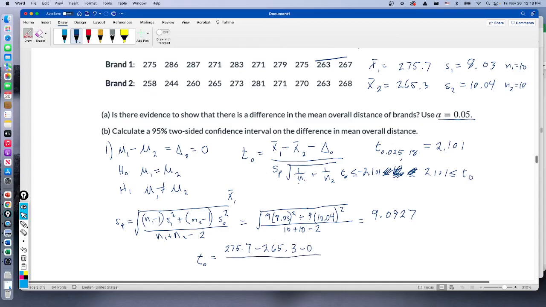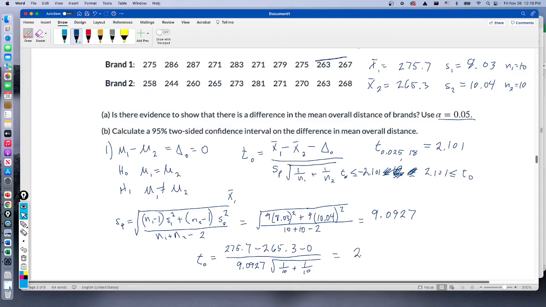And then we're going to take this number we just calculated, the pooled standard deviation, I guess, because it's not squared. So that's 9.0927. And then that's going to be times the square root of 1 over 10 plus 1 over 10.